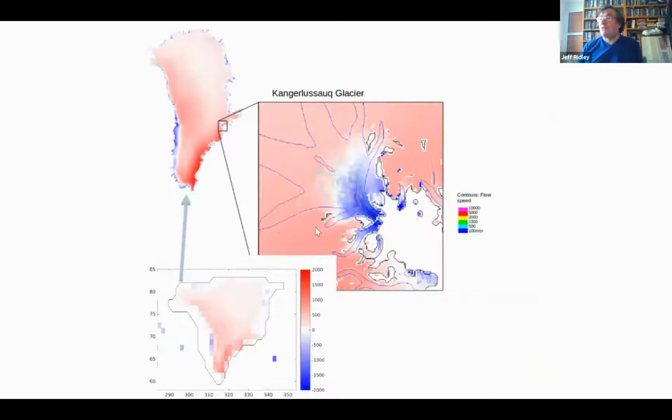So this is what happens due to the hypsometry. If you had no hypsometry, you'd have this bottom plot, very blocky and representative of the surface mass balance. When you use the hypsometry and regrid to the ice sheet grid, which is on a different projection, you get a pretty good picture of the mass balance here.